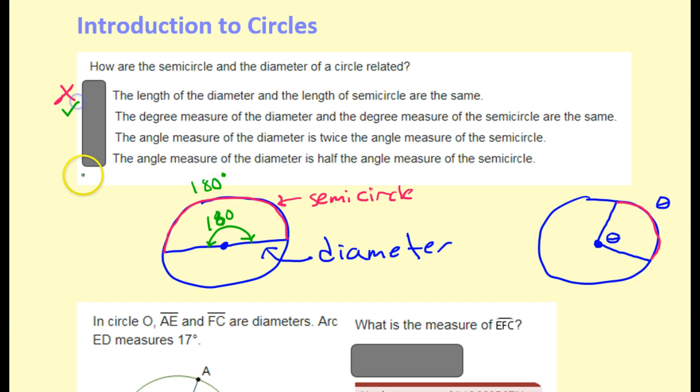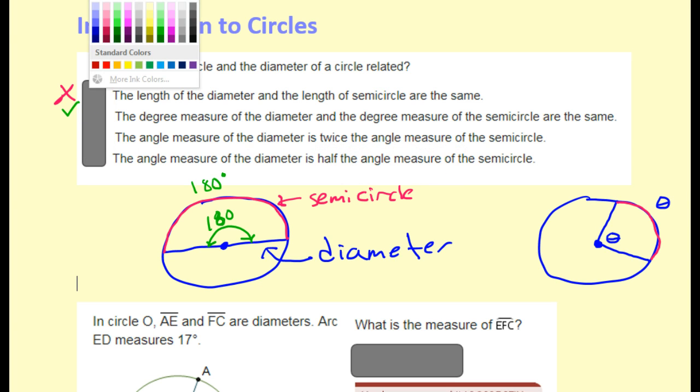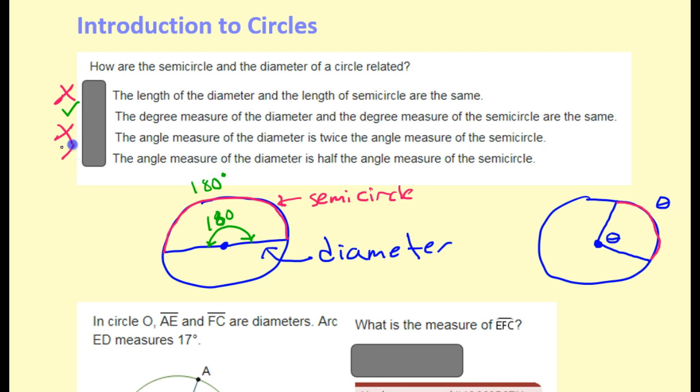So that is going to be the answer. So these other ones where the angle measure is twice the measure of the semicircle, or the angle measure is half the measure of the semicircle, those can't be right. Alright, so there you go.